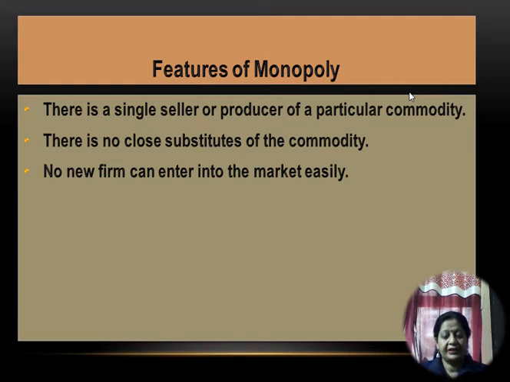If in a practical way we discuss what is an example of monopoly, railways are the best example, because for every ticket they have decided a price. They are not going to charge more according to the distance or the area covered by the train. Second, there is not yet any substitute for railways.